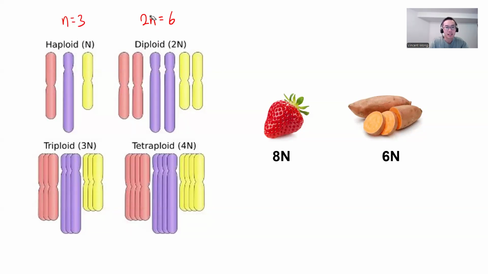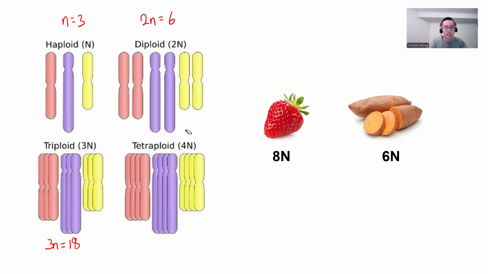Each set consists of 3 individual chromosomes. If it has 3 full sets, then we say triploid, okay, or 3n. In this case, 3n equals 18. So in all these examples, the n number does not change. The number of chromosomes in one set does not change. What's changing is how many sets you have in the cell.